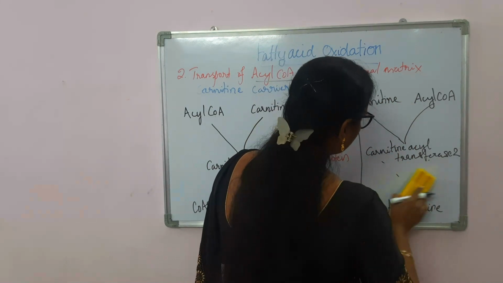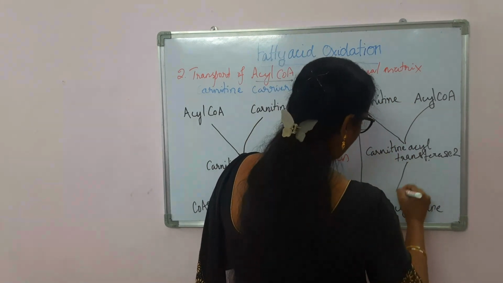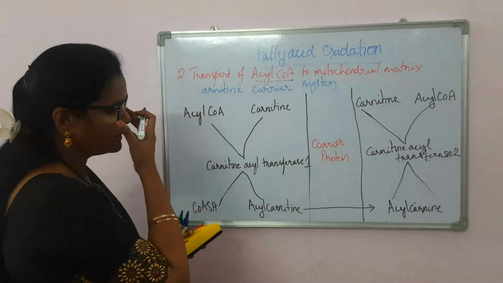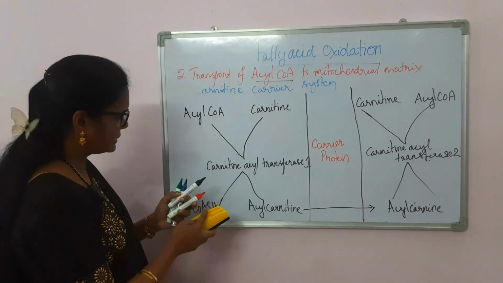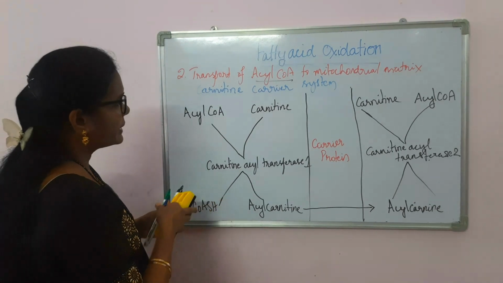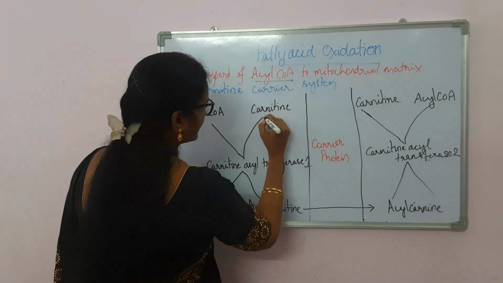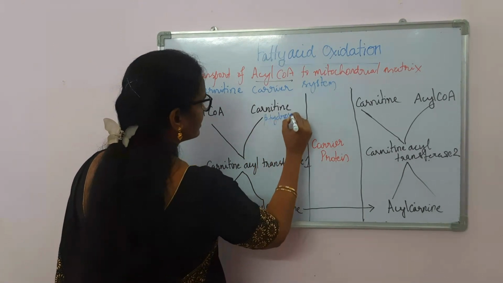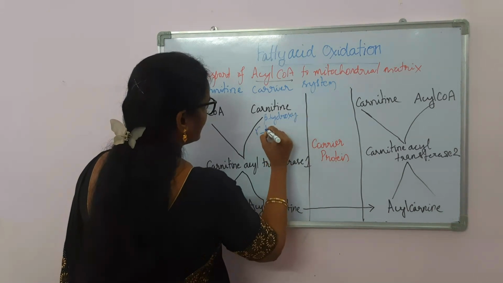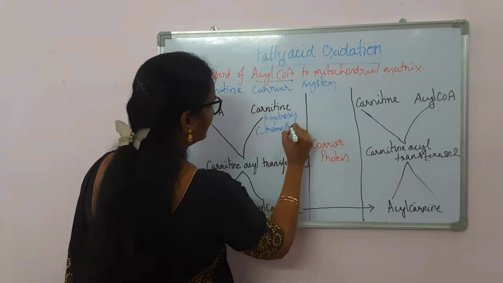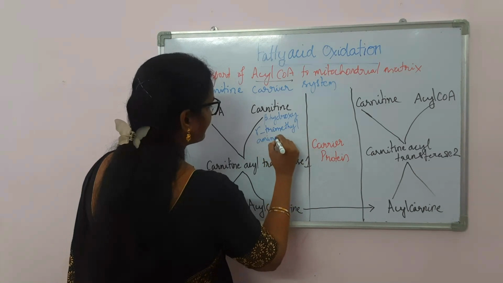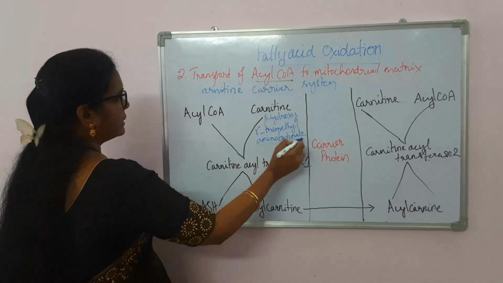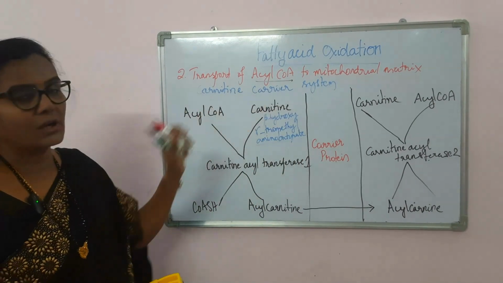This is what happens during the carnitine carrier system. So carnitine is nothing but beta hydroxy gamma trimethyl aminobutyrate. It's a chemical. So this is what happens in the carnitine carrier system.